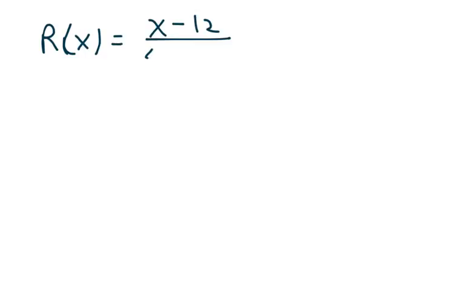However, for the horizontals, you're looking at two cases. You're looking at a case where you have a numerator, for example, this problem here, in which the degree of the numerator is smaller than the degree of the denominator.